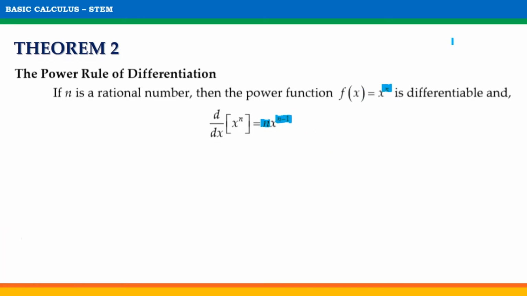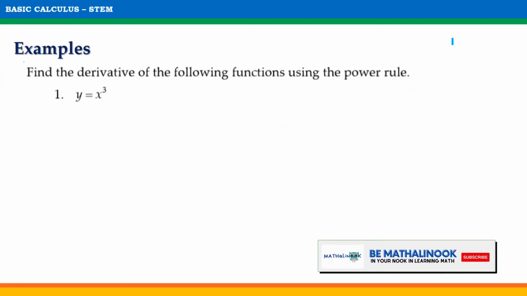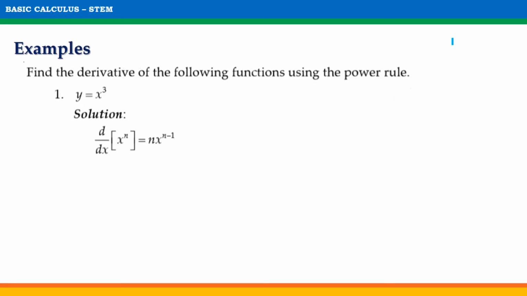For example, find the derivative of the following functions using the power rule. y equals x raised to 3. Remember that d over dx of x raised to n is equal to n times x raised to n minus 1.